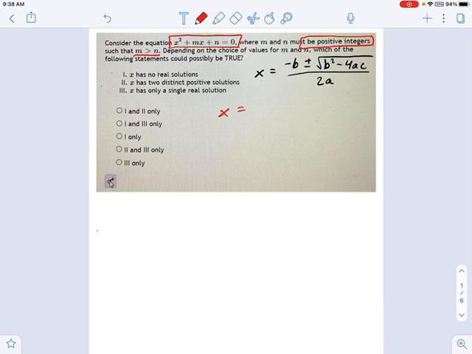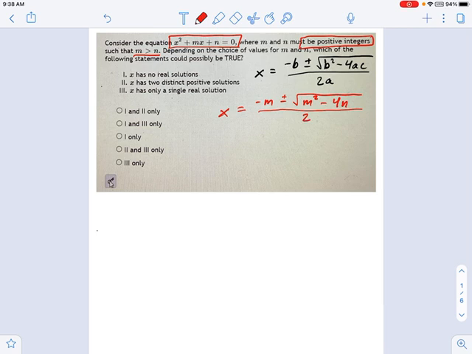So a is equal to 1, b is equal to m, so this becomes negative m plus or minus the square root of, well, what's b squared? That's going to be m squared minus 4 times a times c. Well, a is 1 and c is just n. So here's the formula after I plug everything into it.